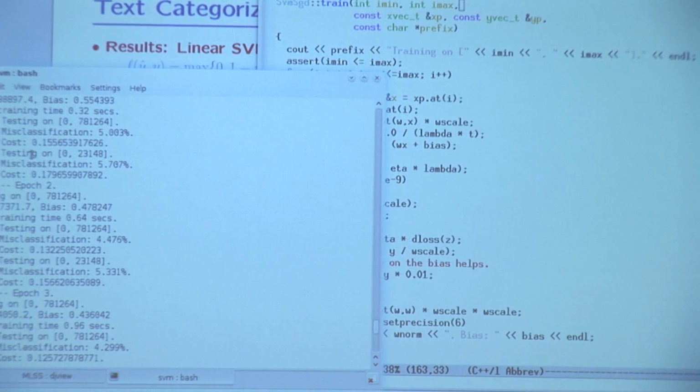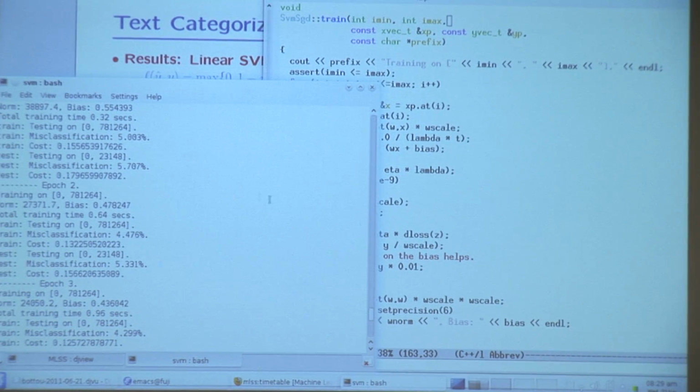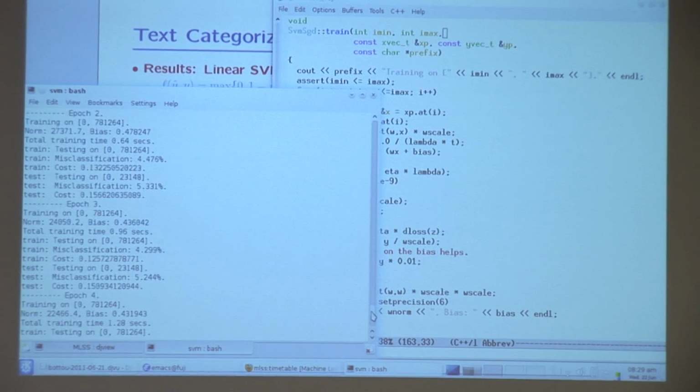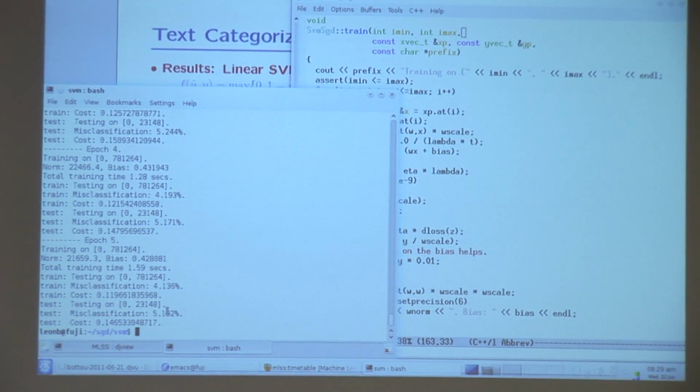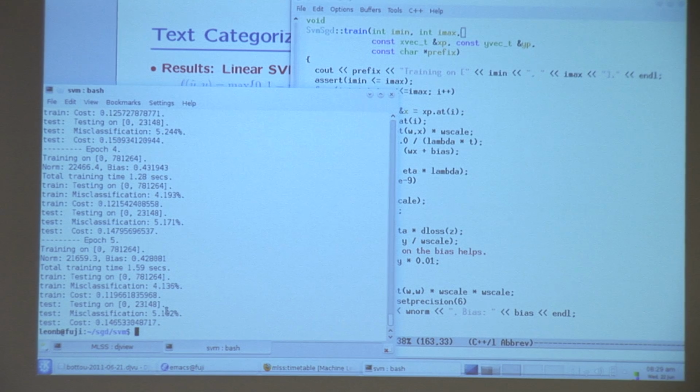In that case, I didn't make the difference. And I use this as a hint that I'm finished. So see, it's starting to go up here, and it's time to stop, even though the training error keeps going down. That's one of the good reasons why you want to measure these things all the time and track them.